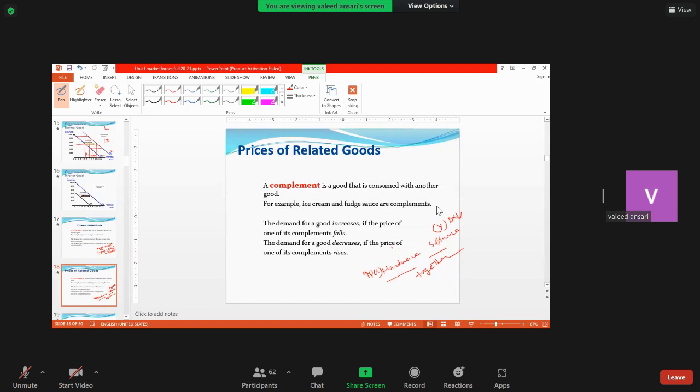As I said, if the price of a product rises, the consumer may switch to another product. But if substitution is not possible, as we will see in elasticity of demand, even if the price of a product increases, the consumer may not switch, or the possibility of switching may be less.